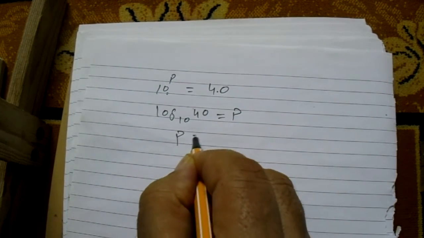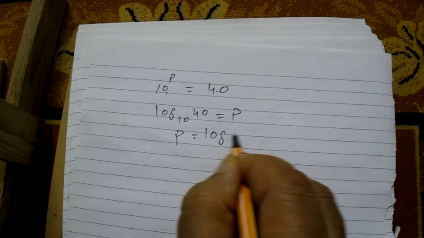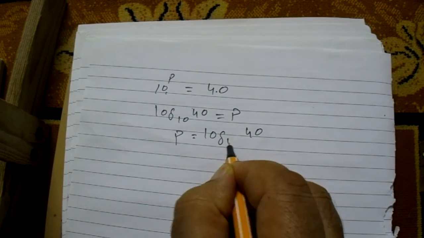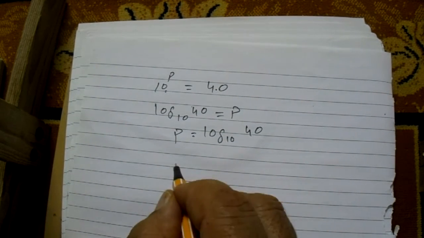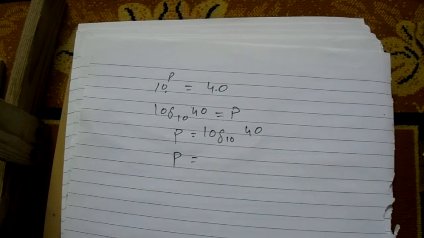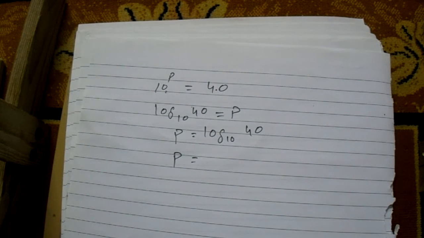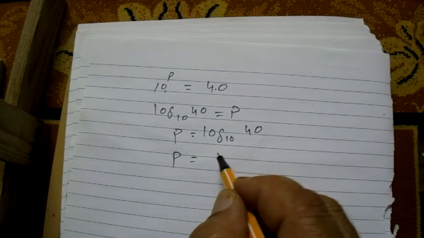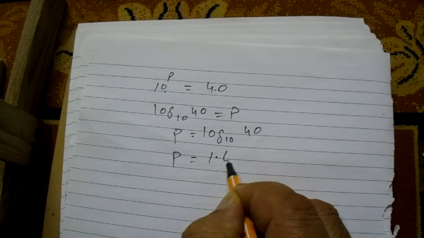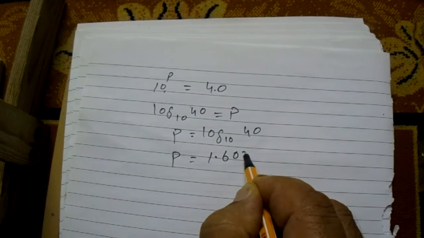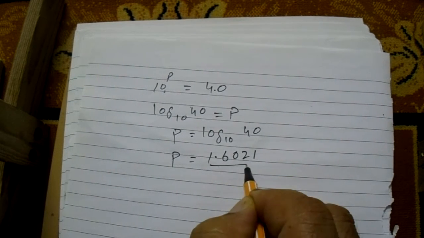Right here p is equal to log 40 to the base 10. This is logarithm form. You will write only log 40, and the answer is 1.6021. This is your answer.